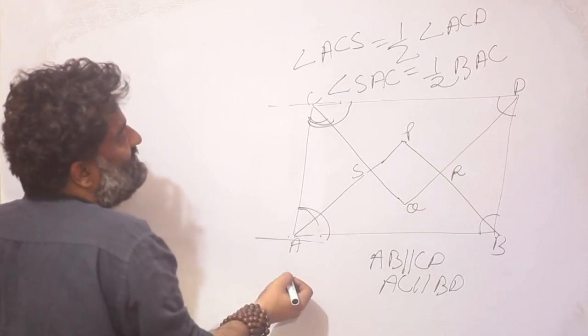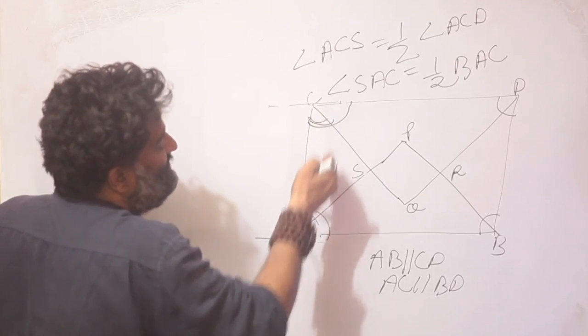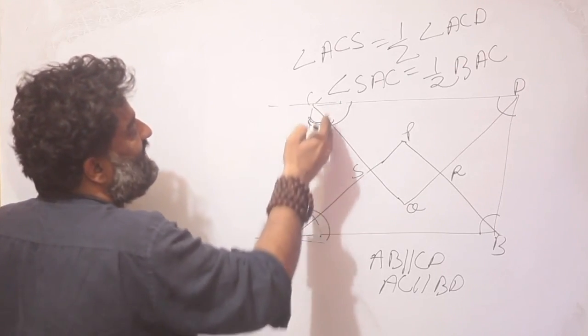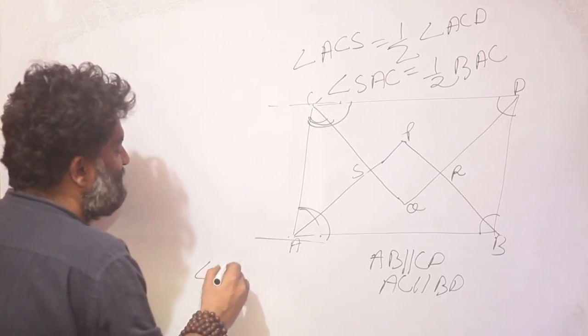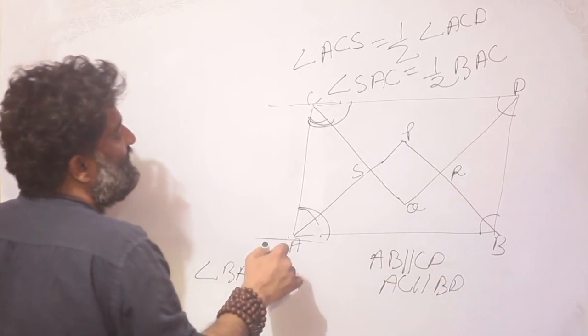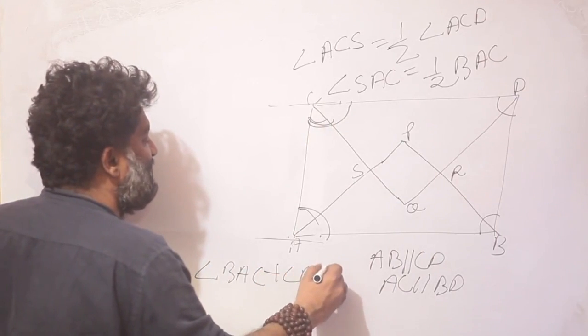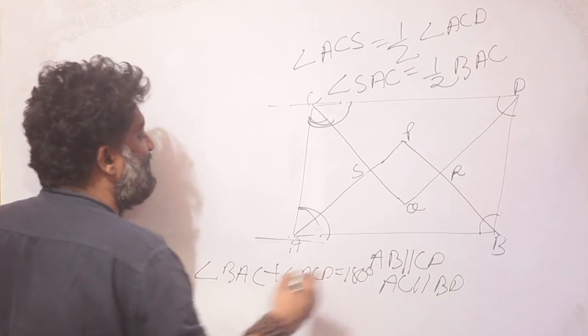This is the transversal. I know the sum of the interior angles on the same side of the transversal is going to be 180 degrees. So I know angle BAC plus angle ACD is going to be 180 degrees.